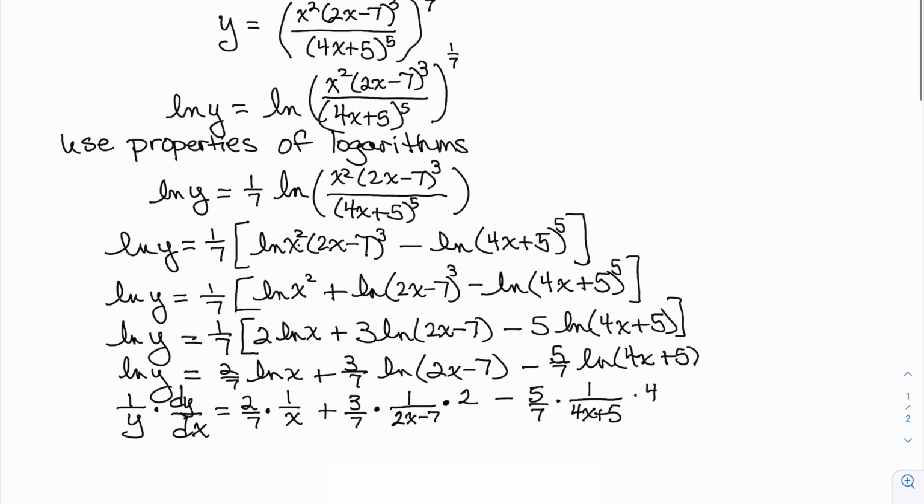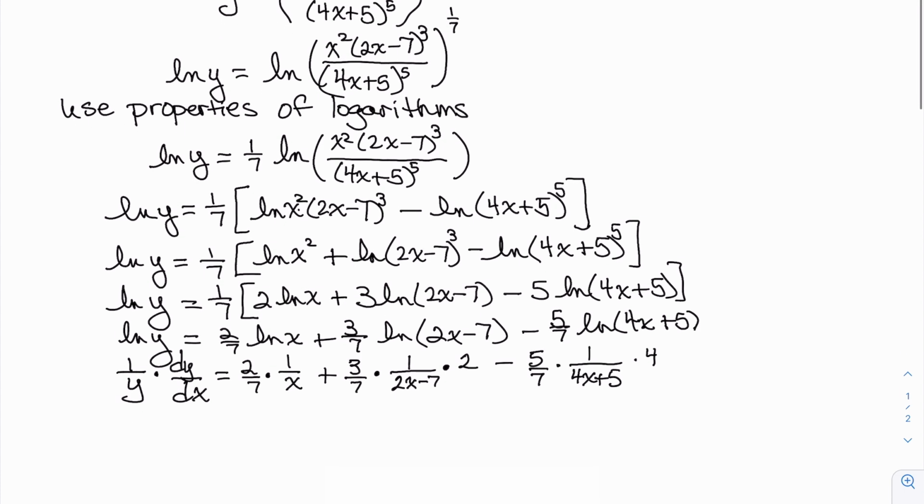So now simplifying this, we're going to move it up a little bit to get some more space. I have 1 over y dy/dx is equal to 2 over 7x plus 3 over 7 times 1 over 2x minus 7 times 2 is 6 over 14x minus 49, and then minus 5 over 7 times 1 over 4x plus 5 times 4 over 1, so that is a 20 over 28x plus 35.